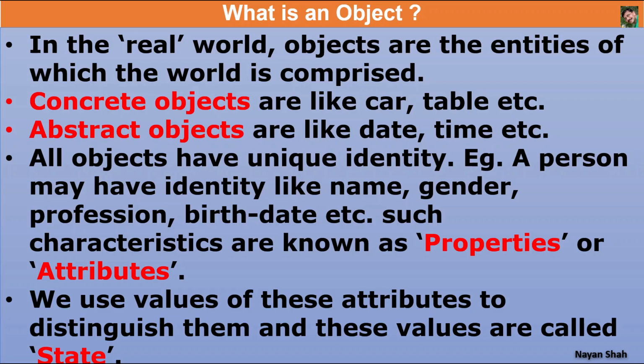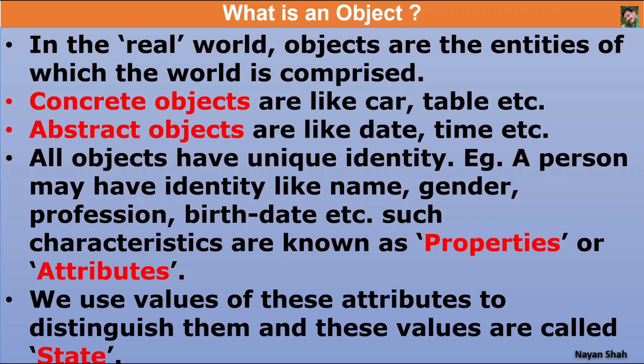Abstract objects are like date, time, which we cannot touch, but we can feel. So that is abstract object and concrete object. All objects have unique identity. For example, a person may have identity like name, gender, profession, address, birth date, etc. Such characteristics are known as properties or attributes.